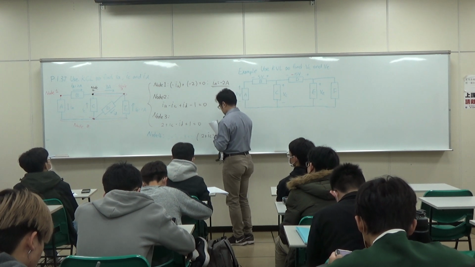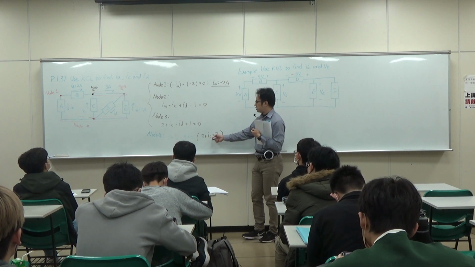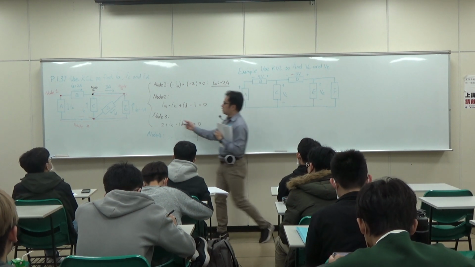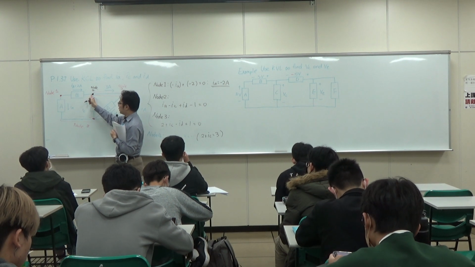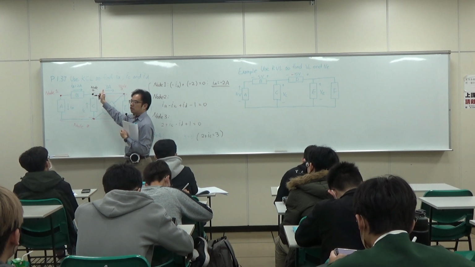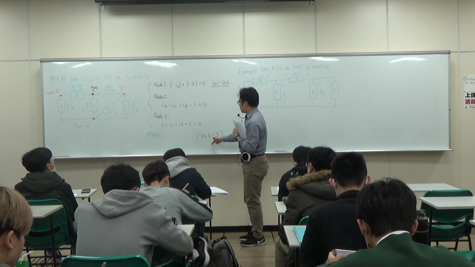Okay, so it's the same thing. So if you write it as 2 plus IC equals 3, it means the summation of the current flowing into node 4 equals the current flowing out from node 4. So we can solve it easily.